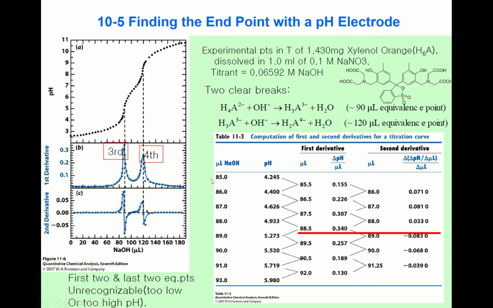For the volume, since this is 85 and this is 86, you take the middle volume, which is 85.5. The pH change is what?